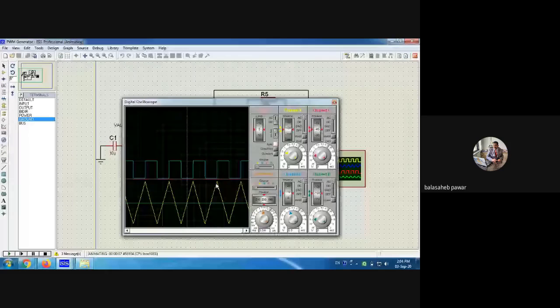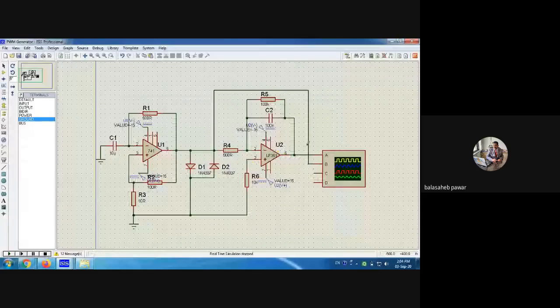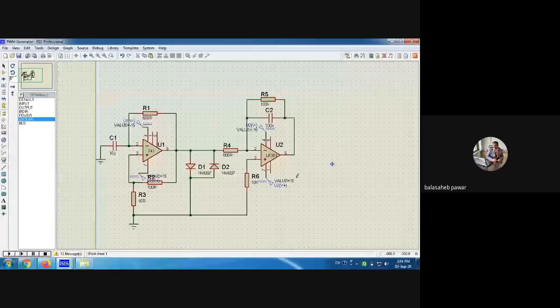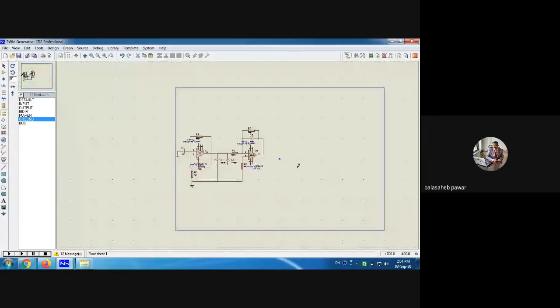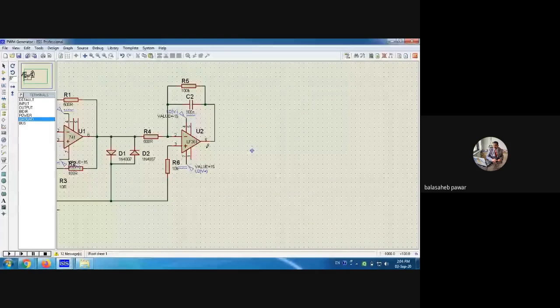That means it is 7 volt peak. I converted that square wave into a triangular wave with some amplification also. So its peak amplitude is 7 volt and at the end we have to compare that triangular wave with some reference voltage source.